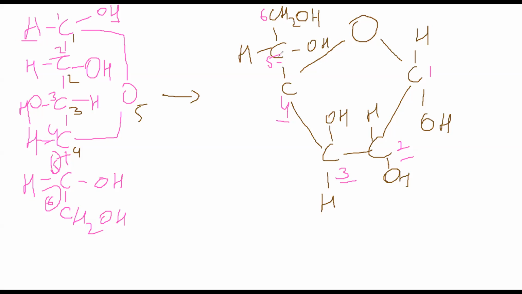So the fifth carbon will be this way, the sixth carbon is this. Ring-wise, you have the first, second, third, fourth carbon, and the fifth member of the ring. So 4 carbons and 1 oxygen make a 5-membered ring. This structure will be called D-glucofuranose.